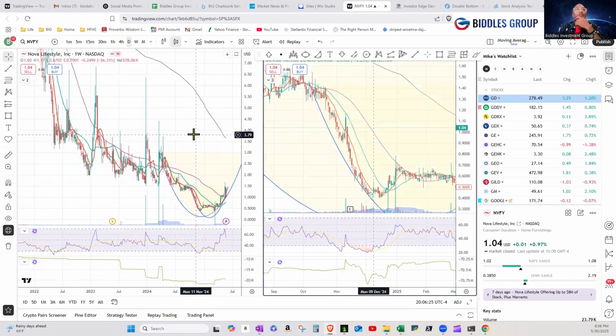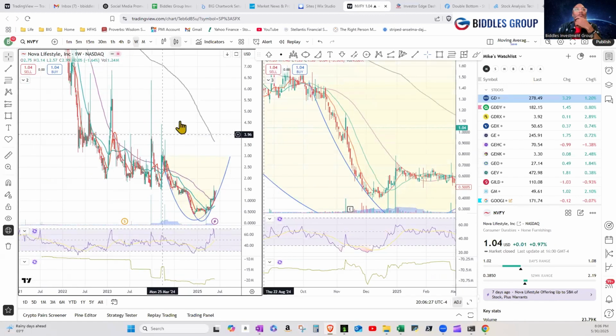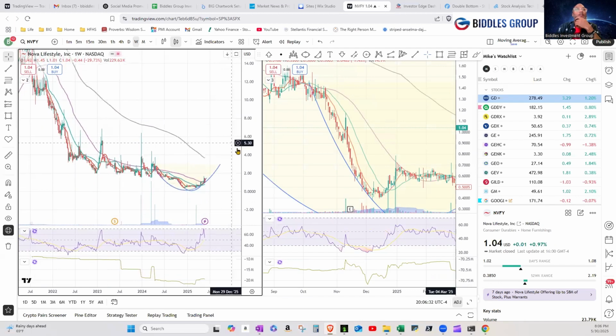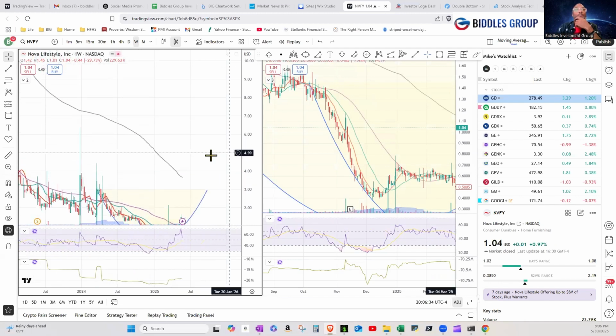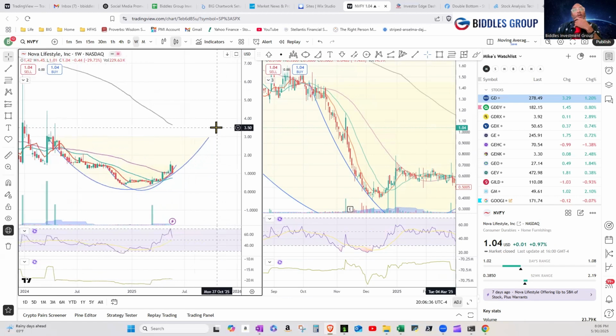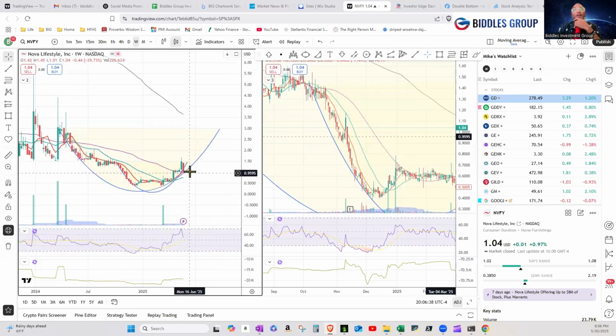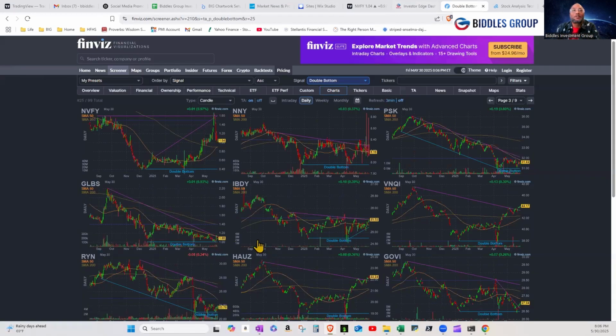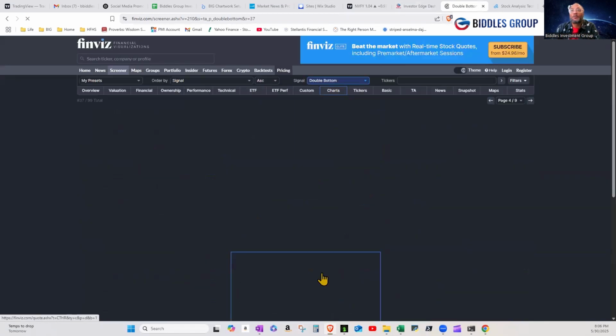Nova Lifestyle. Oof, this thing fell from grace. No, this is $1. I usually stay away from these type of stocks here. So I'm going to try to keep it moving.